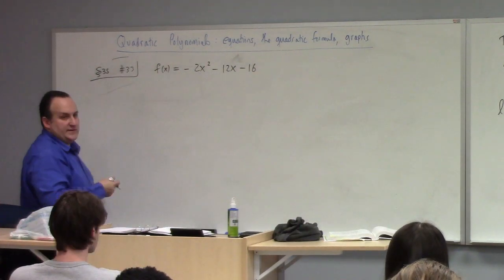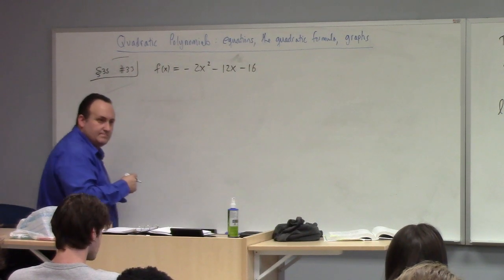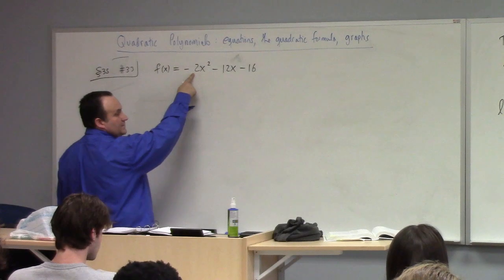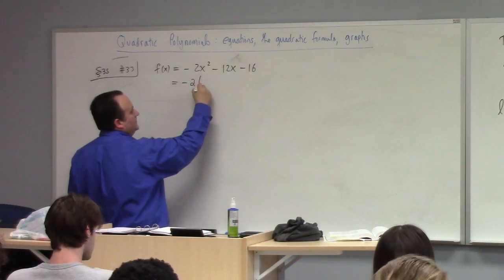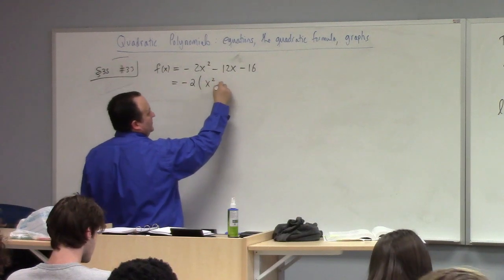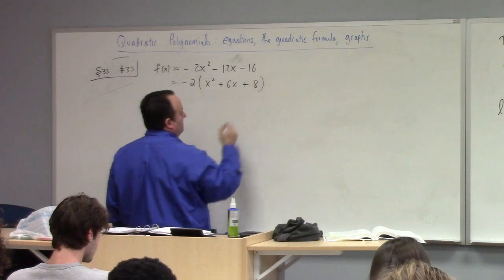How do you complete the square on this? What do you do? I don't think we've run up against this yet, have we? So I need to get that minus 2. Factor it out, okay? So minus 2 times x squared plus 6x plus 8. Do you guys agree?